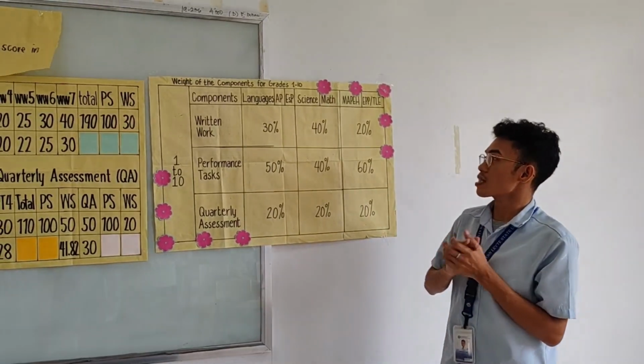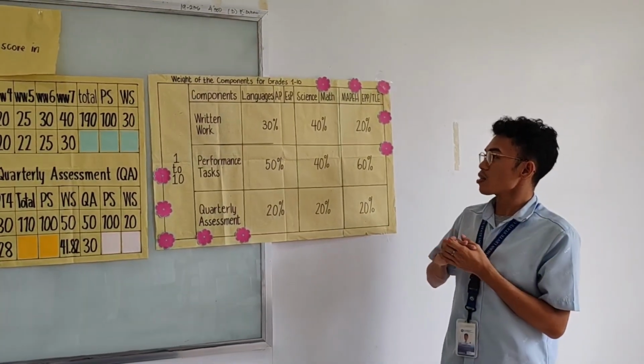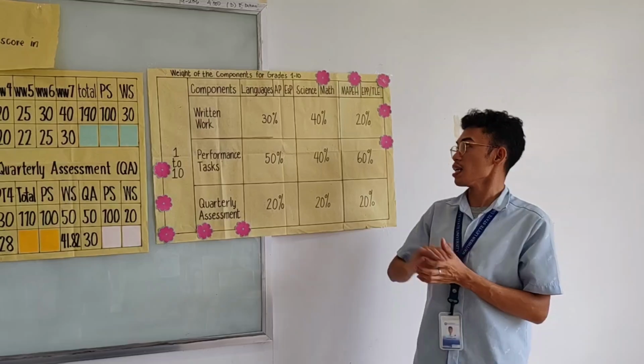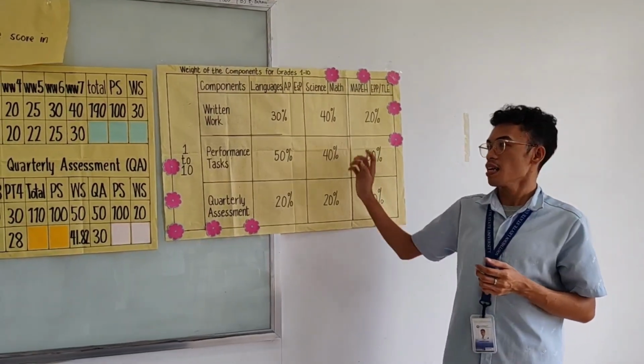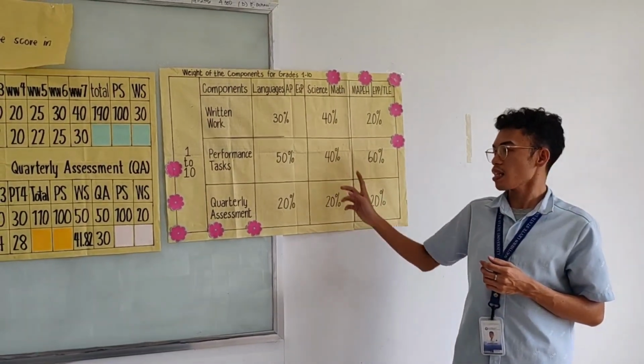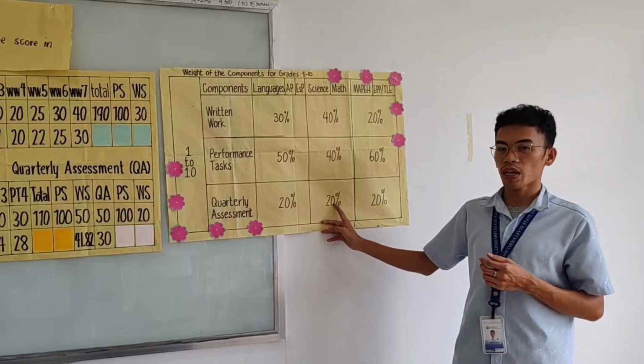And in the subjects science and math, the weight of each component in written work is 40%, performance task 40%, and quarterly assessment 20%.